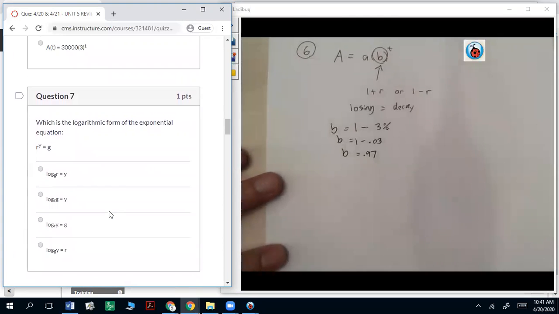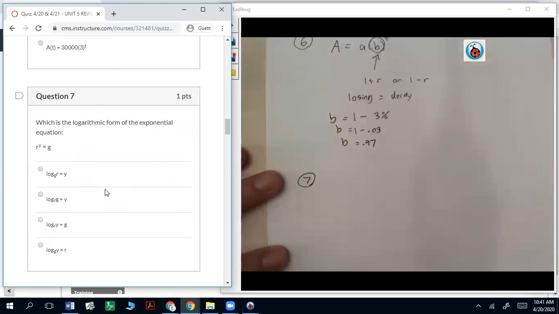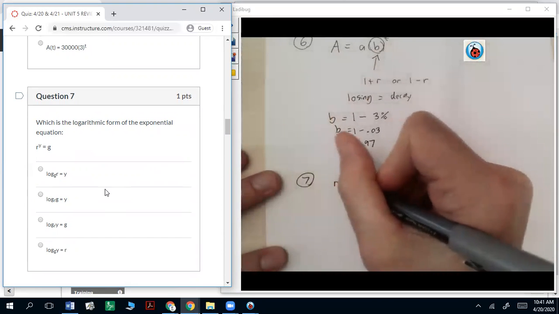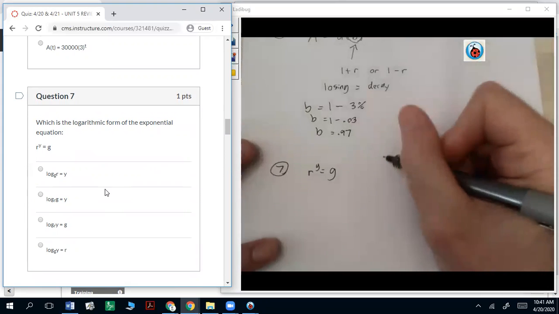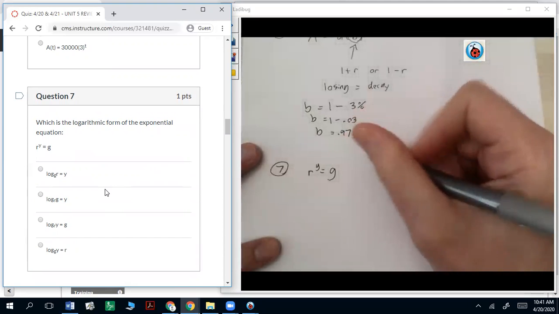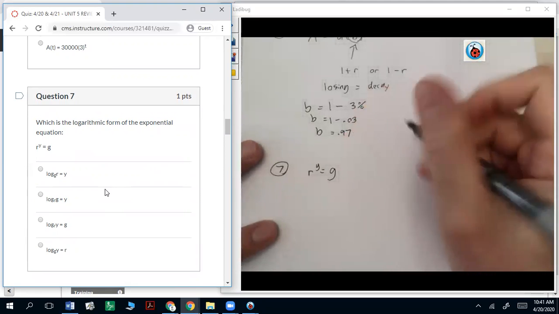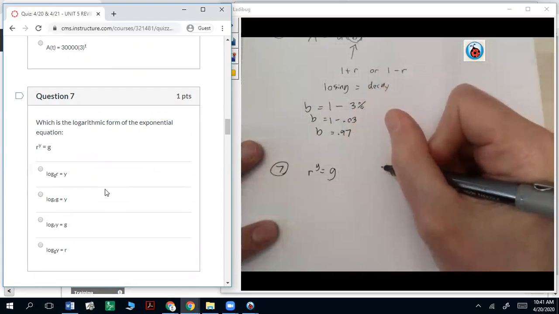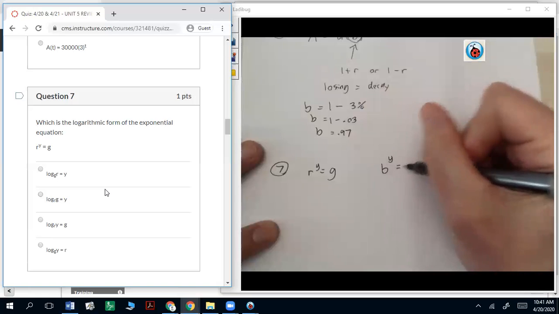All right, question number 7. What is the logarithmic form of the exponential equation r to the y power equals g? Well, let's remind ourselves of the formula for that. For exponential versus logarithmic form, the formula that I had written was b to the y power equals x.